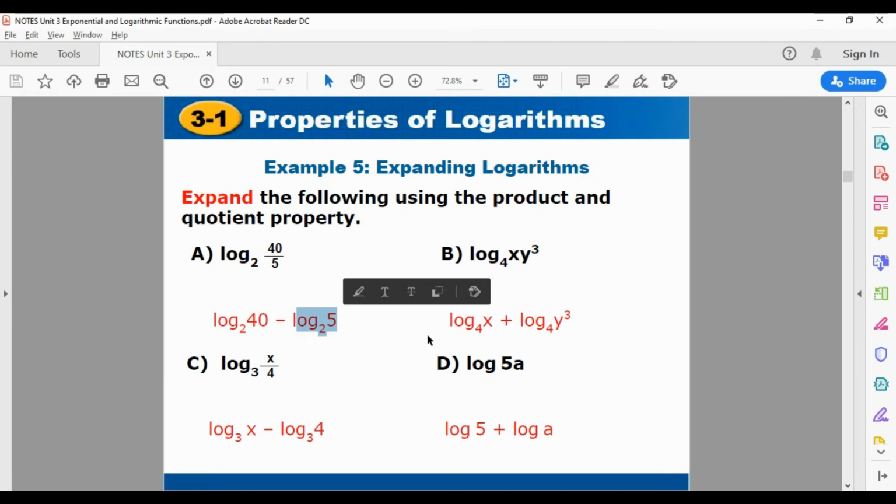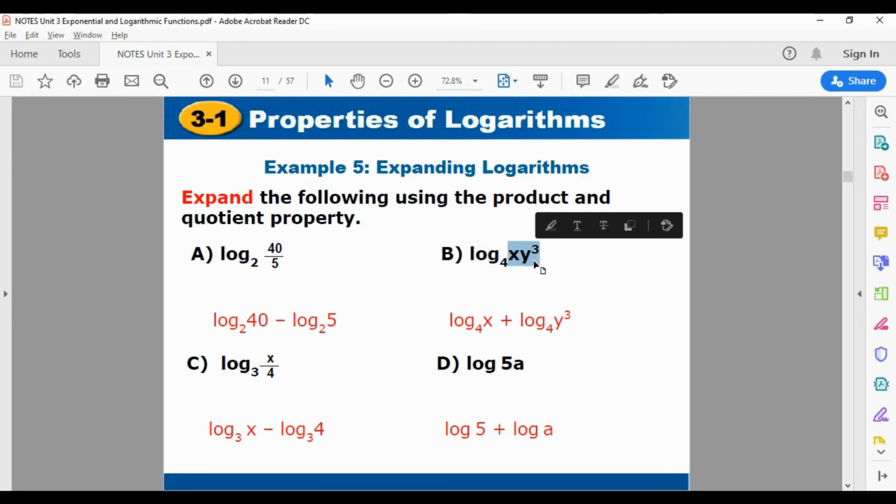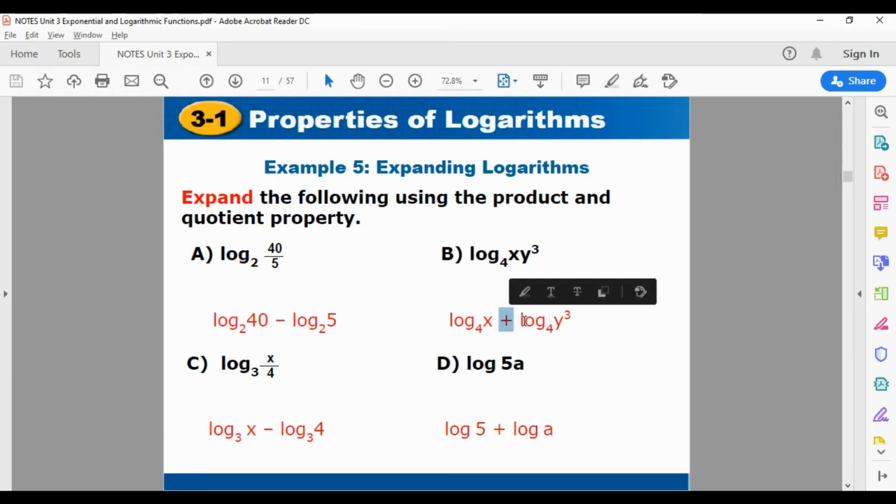In the case of B, this is multiplication, all base 4. So log base 4 of x times y cubed. Since there's an understood multiplication between the x and the y cubed, we get log base 4 of x plus log base 4 of y cubed.